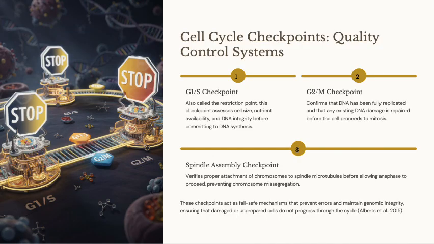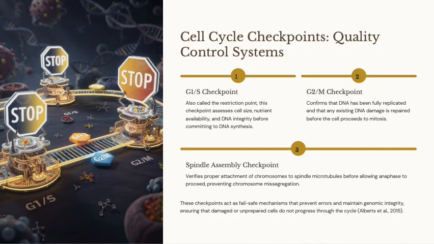And finally, we get to the spindle assembly checkpoint. It functions during mitosis. Its role is to ensure that all chromosomes are properly attached to spindle microtubules before chromosome separation occurs.